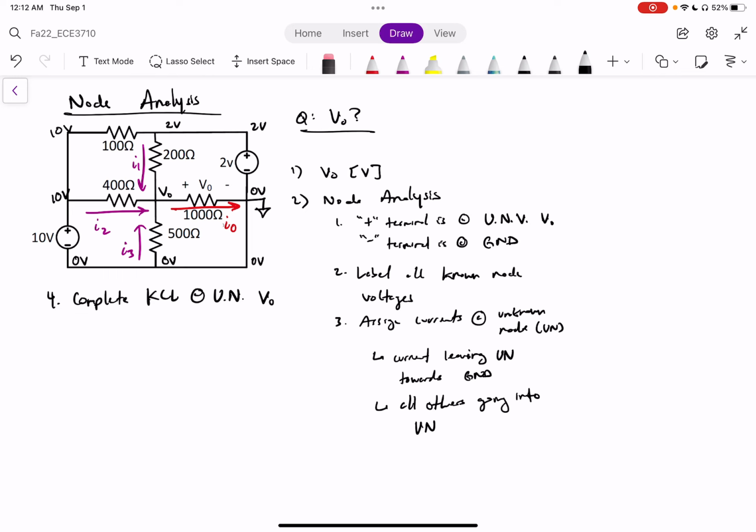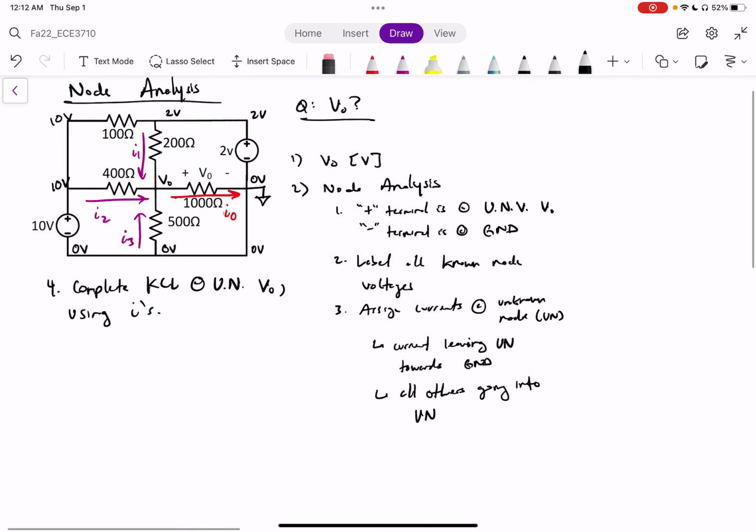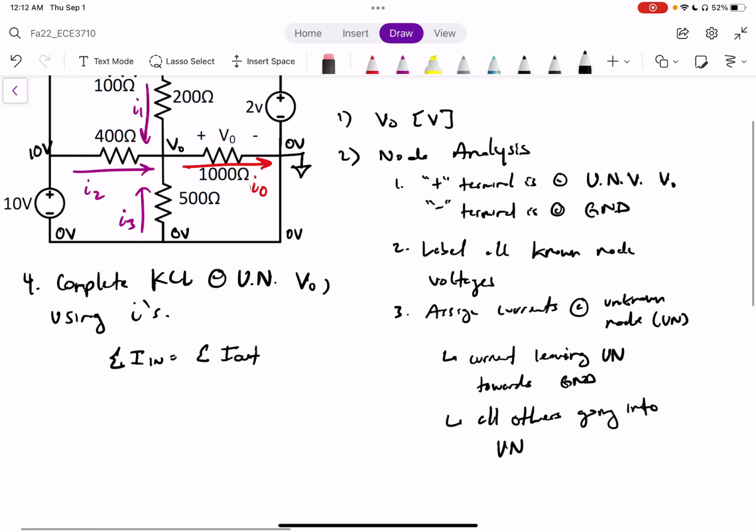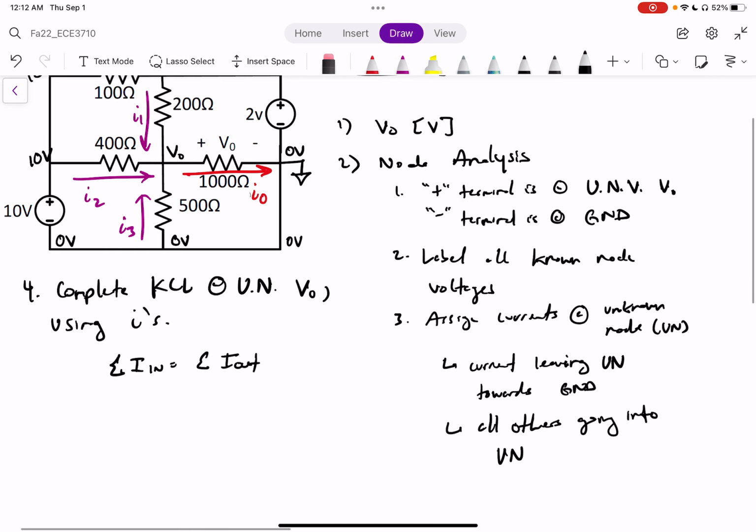Okay, so let's zoom in a little bit. KCL states that the sum of currents going into a node is equal to the sum of currents going out of a node. So using lowercase i's, that would be what currents are going in. That's I1 plus I2 plus I3 equals which one's going out? IO.